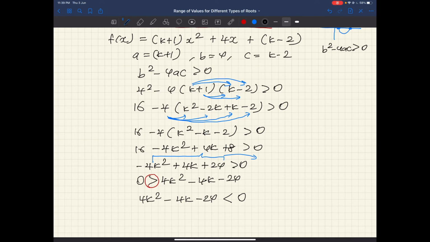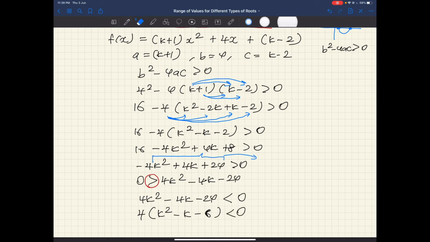I have 4, 4, 24, and the common factor for that is 4, and if I factorize 4, I get k square negative k, and then I have negative 6. Then just put a bracket here, less than 0.